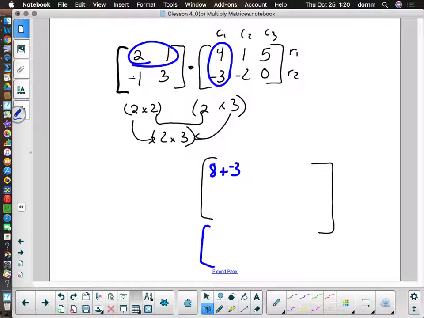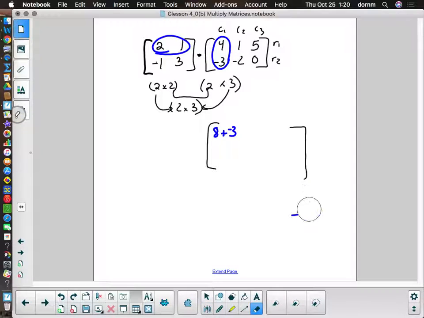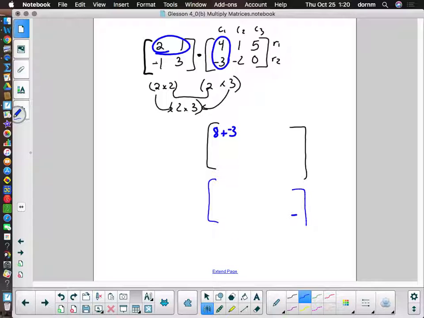Let me spin my page a little bit here, give myself a little more space. So if that's the case, 8 plus negative 3 is a 5. Now let's do row 1 times column 2. And I'm going to let you tell me what the solution for that is going to be.